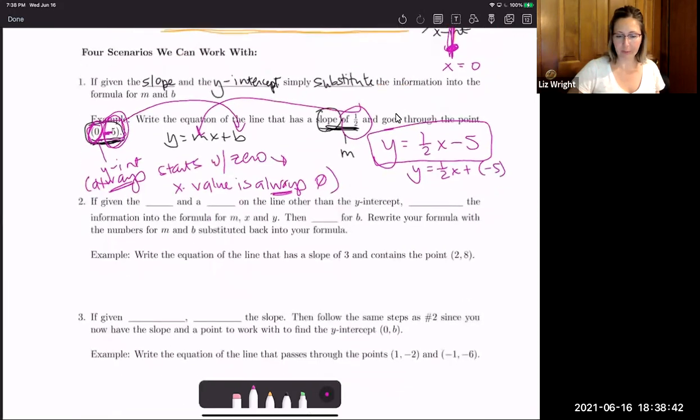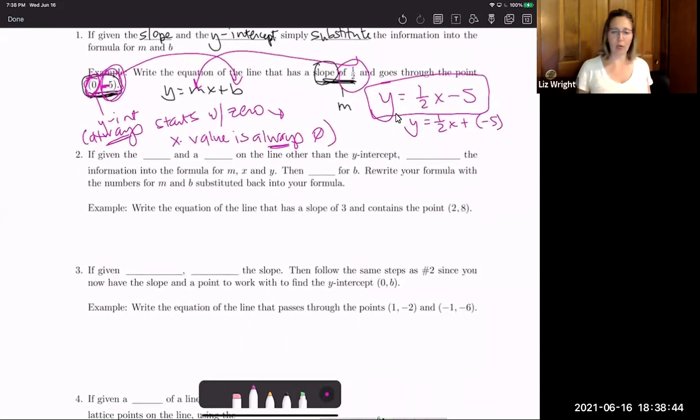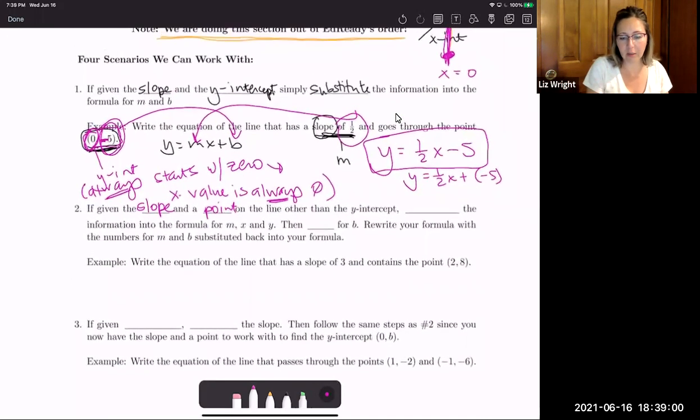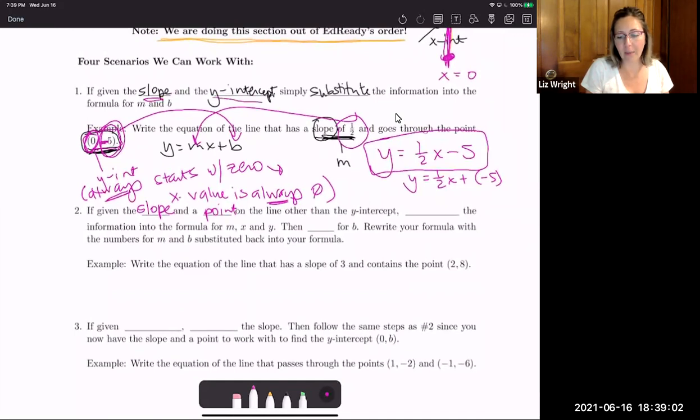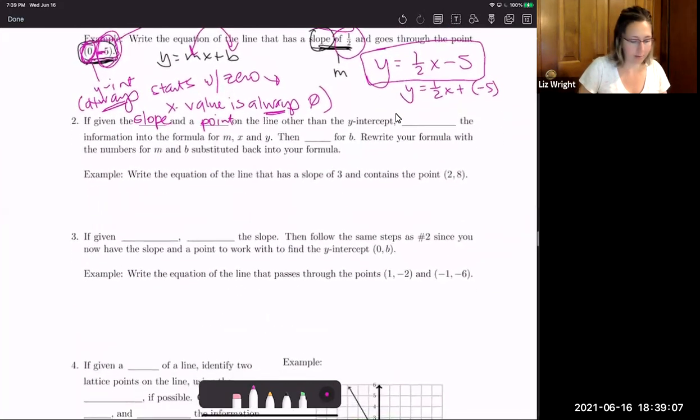All right, let's look at the next one. Scenario 1 is that they literally just give you the information. Here's scenario 2: if they give you the slope and a point on the line other than the y-intercept. So this time it's similar. They're giving us the slope, and then they're giving us a point that is not the y-intercept, but it's a point on the line.